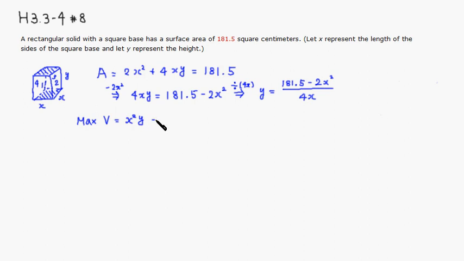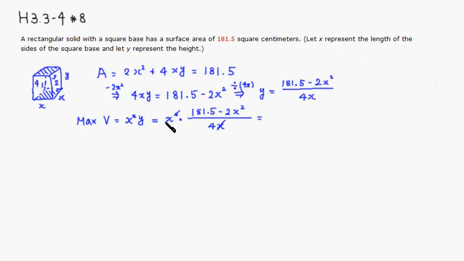The volume can be written as x squared times 181.5 minus 2x squared all over 4x. Alright, so you can cancel one of the x and x here, right? Then we can just distribute x.